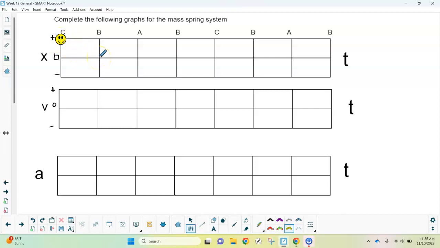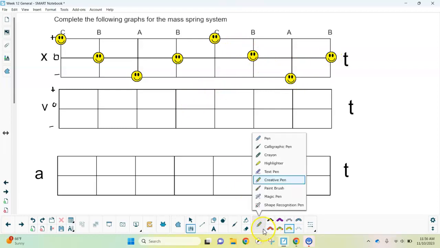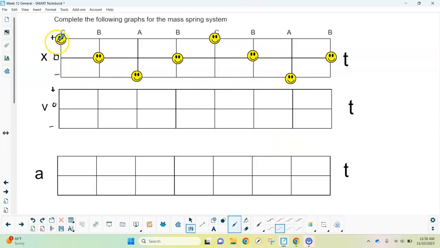At B, we're at the equilibrium, so we have no displacement. At A, we're at a negative, then at B we're back at 0, C positive, B, and we keep repeating ourselves. If we connect that with a graph, this looks like one of our trig function graphs. This is a cosine curve, because we're at the maximum at the beginning of the cycle, at position C, where we're at our maximum position.